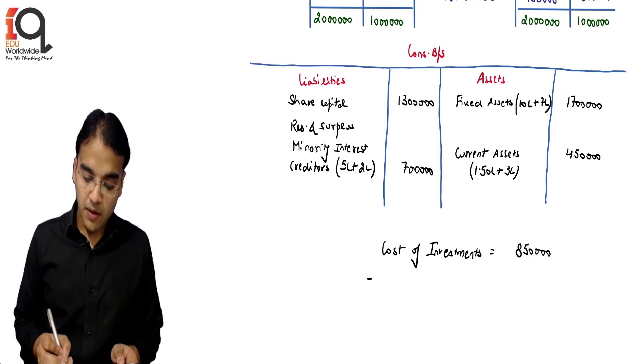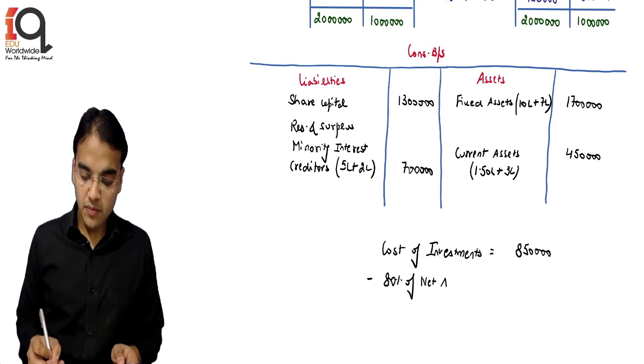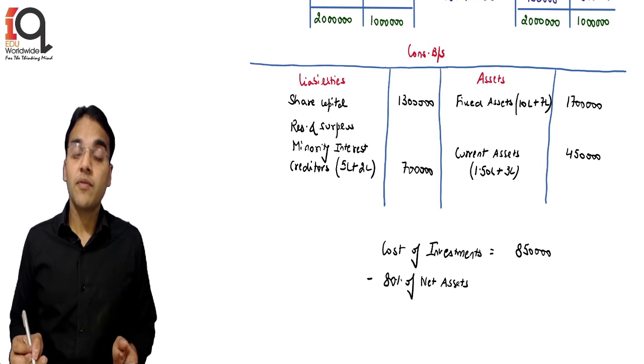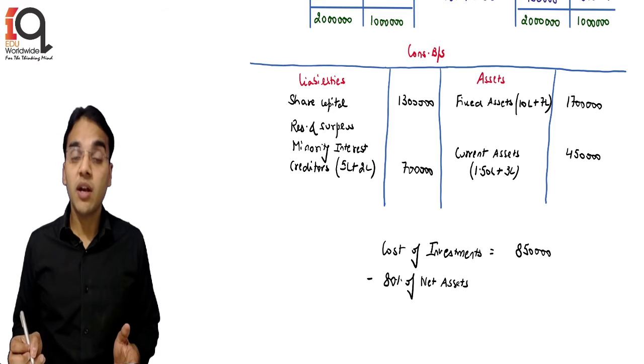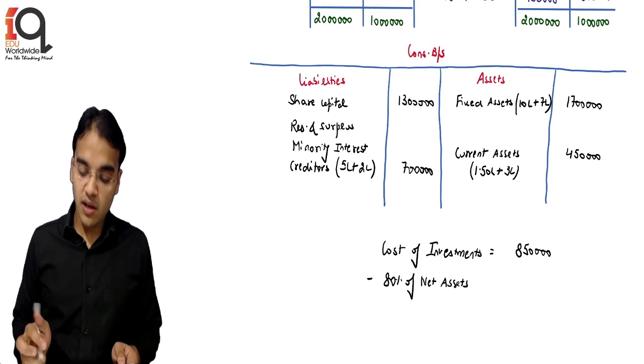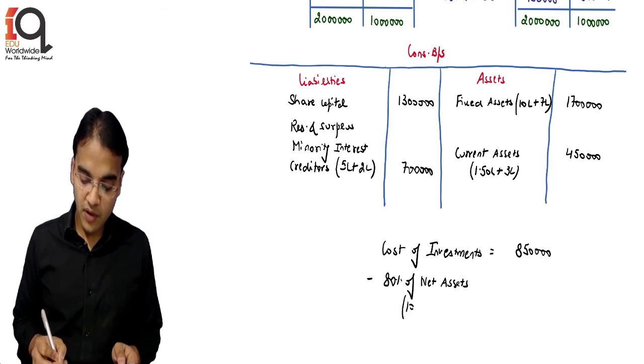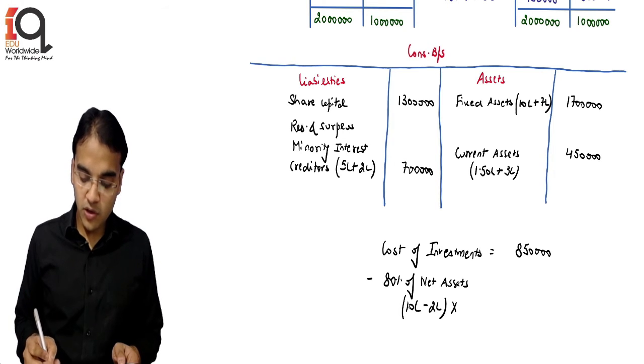Then minus 80% of net assets. Obviously we are acquiring on 31st of March, so that means we have to consider 31st March net assets, and the net assets are 10 lakh assets minus 2 lakh liabilities into 80%.